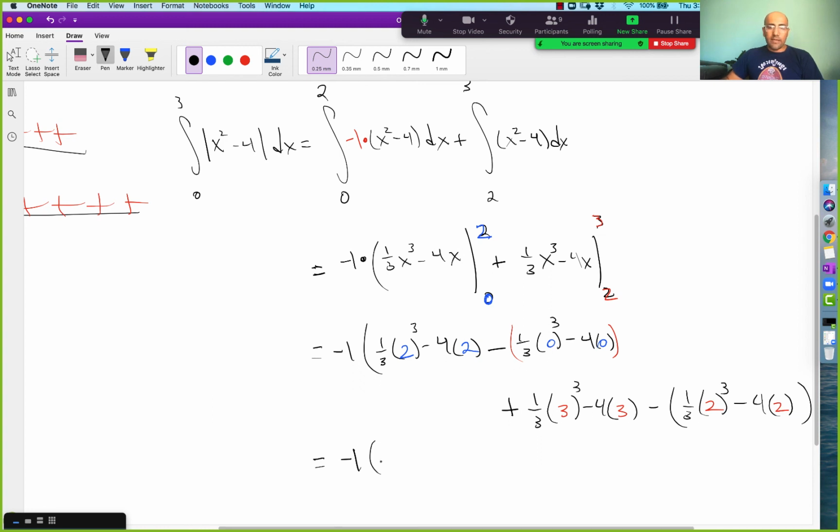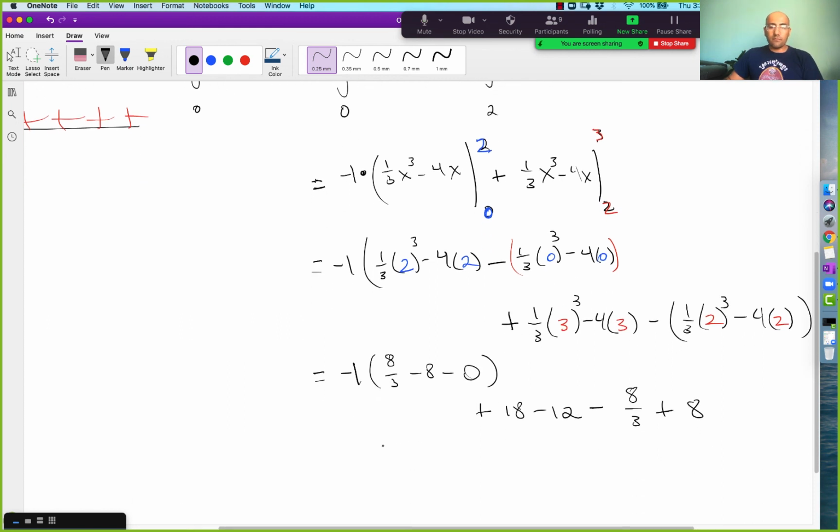So this would be -1, and this would be 2 to the third power is 8, so it's 8/3 minus 8 minus, and that's 0 and that's 0, so that's just -0, plus, and then this is going to be 3 to the third power is 27 divided by 3, that's going to be 18, minus 12 minus 8/3 plus 8. Good.